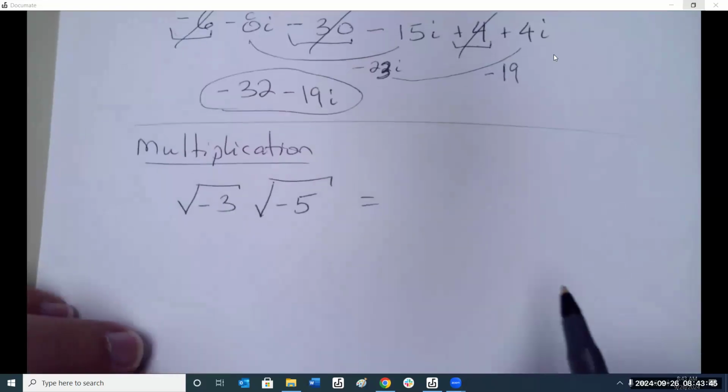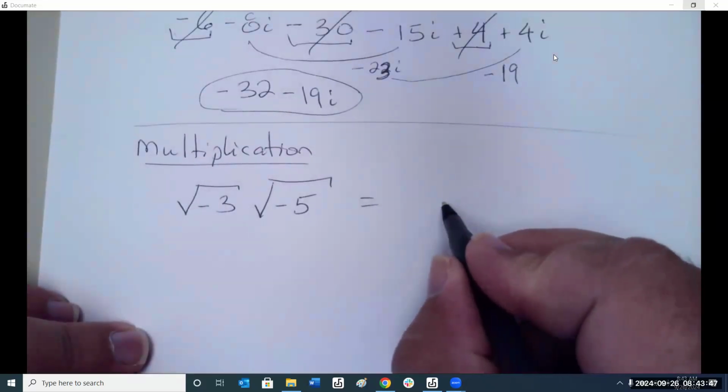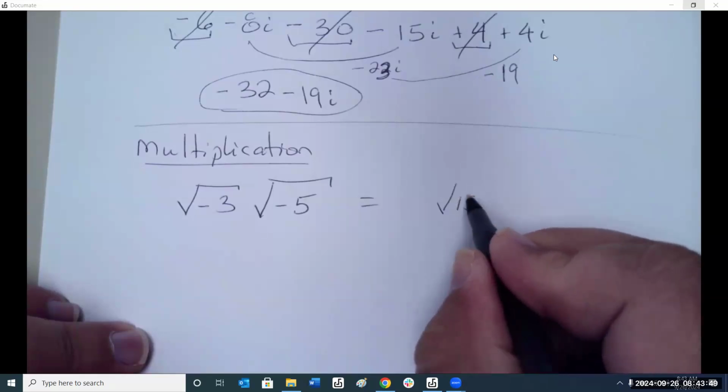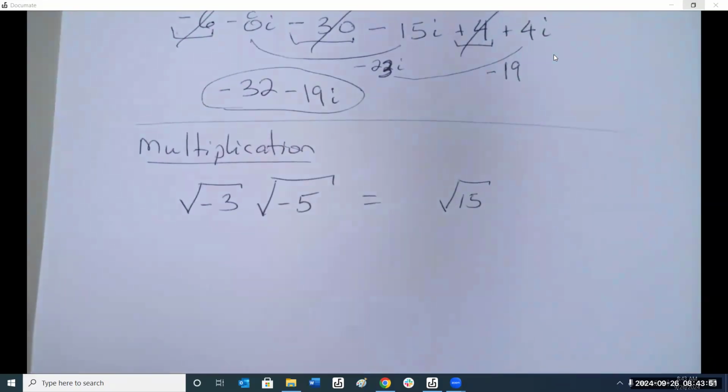Anybody agree? Wrong. Now this is where the rules change.